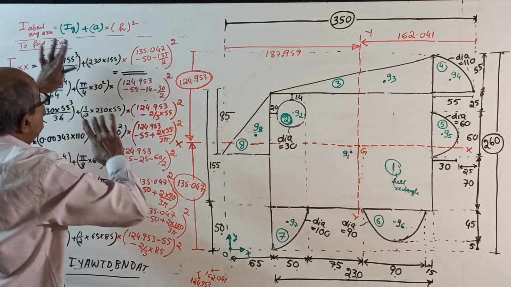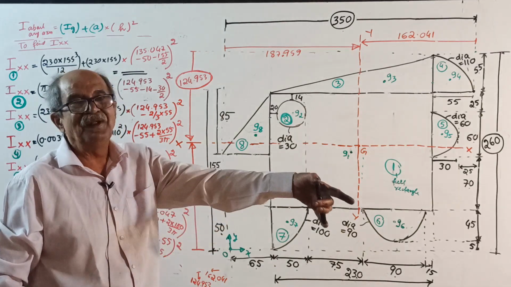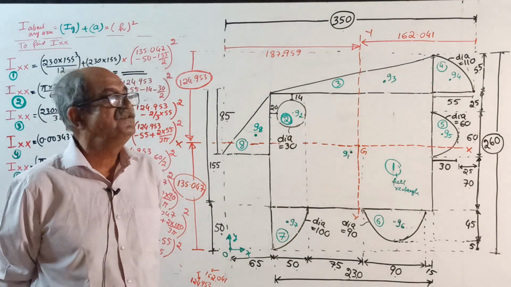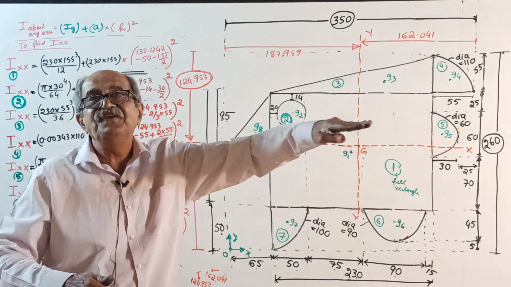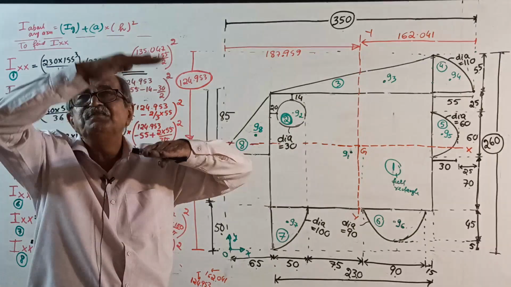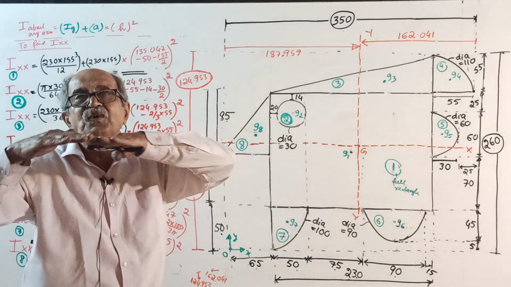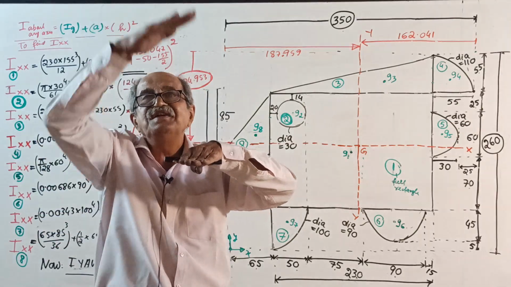I about XX. Last time, sometimes people in the offline class start laughing, and they say, see what sir is telling now. When you do I about the XX axis, the perpendicular distance H is perpendicular to XX. XX is horizontal, so when you find I about the XX axis, it is the vertical distance squared.